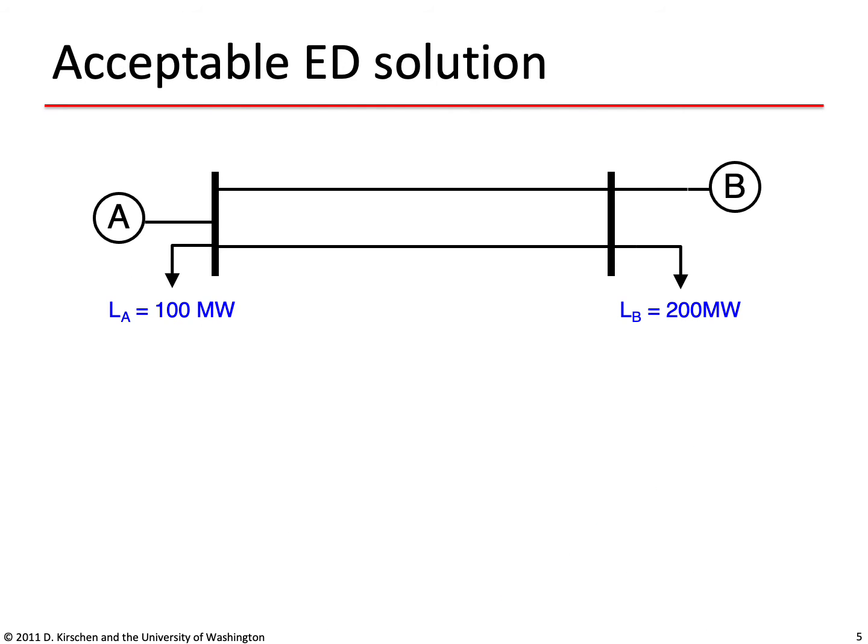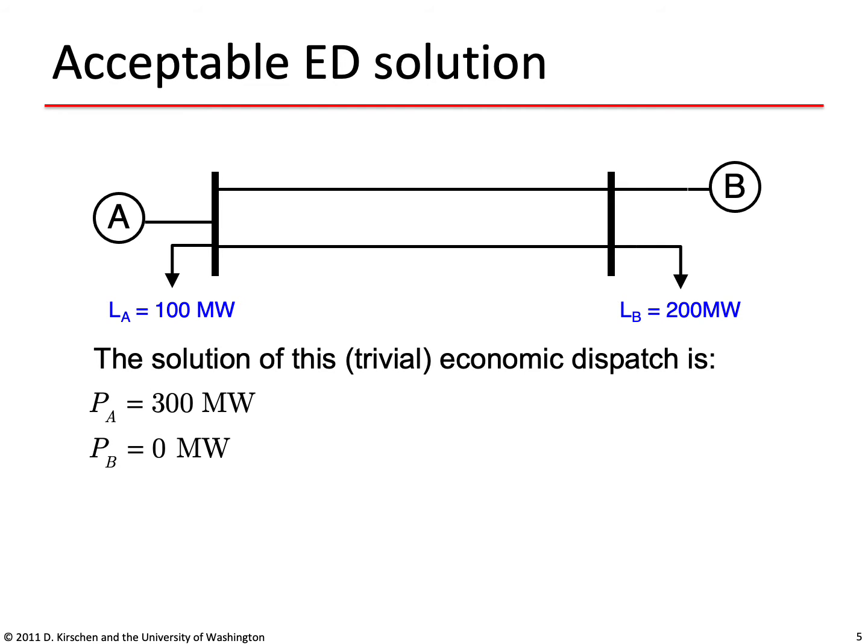Let's see what happens when the load at bus A is 100 megawatts and the load at bus B is 200 megawatts. We can perform an economic dispatch for this load, and because generator A is a lot cheaper than generator B, and we have assumed linear cost curves, all the load is going to be produced by generator A. So the trivial solution of this economic dispatch is PA is producing 300 megawatts while generator B is producing nothing.